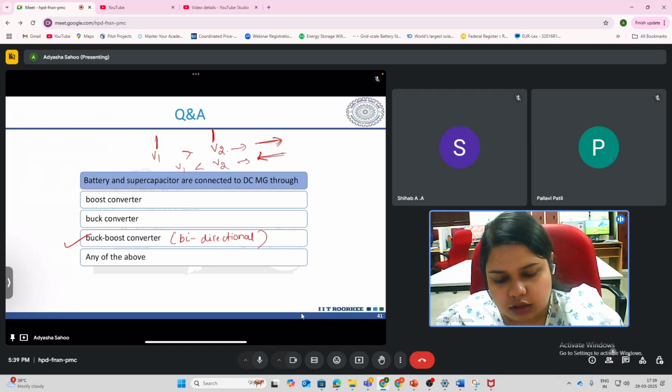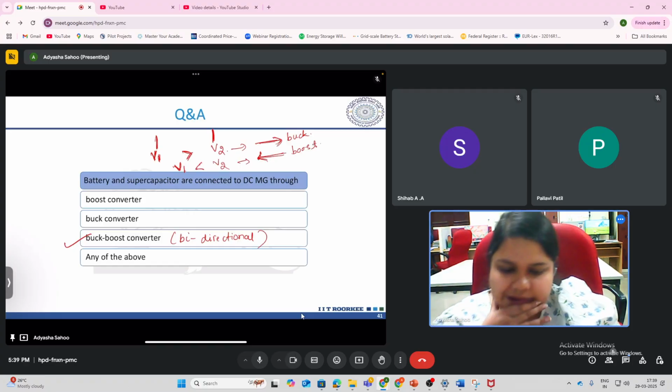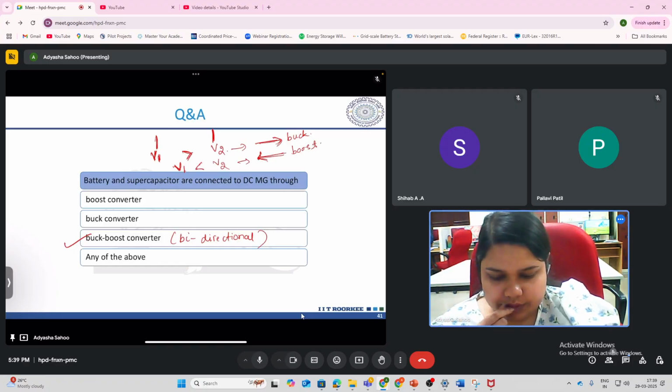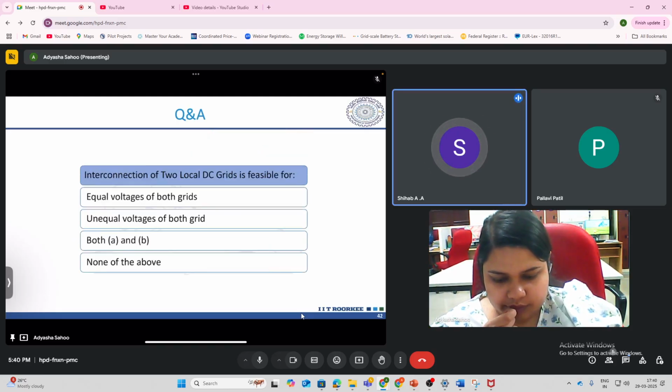To get V1 greater than V2, you need to have the buck operation. And if you want V1 less than V2, you can boost the voltage there.